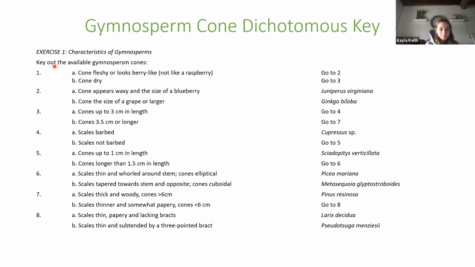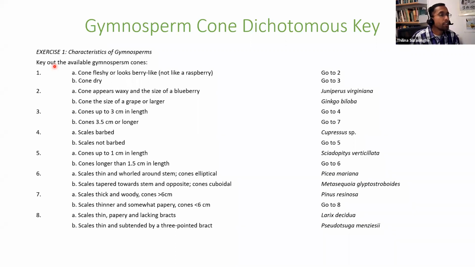Go to 3. Cones up to 3 centimeters in length, or bigger, longer than 3 centimeters. B. Correct. It is definitely B. So go to 7.